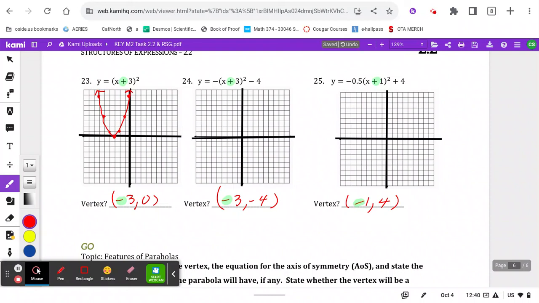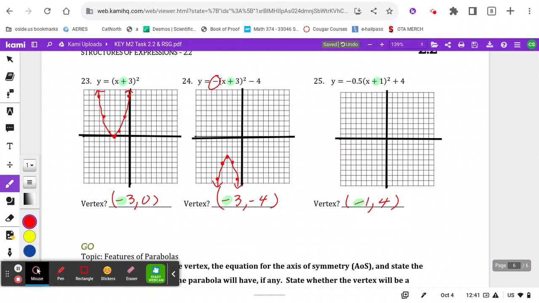Next, we go negative 3, negative 4. There's my starting vertex. This one is growing downward, parent stretch of 1. Out 1, down 1 on both sides. Out 2, down 4. Parent stretch, down.